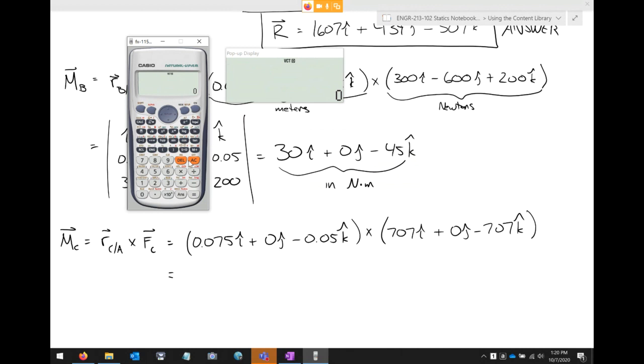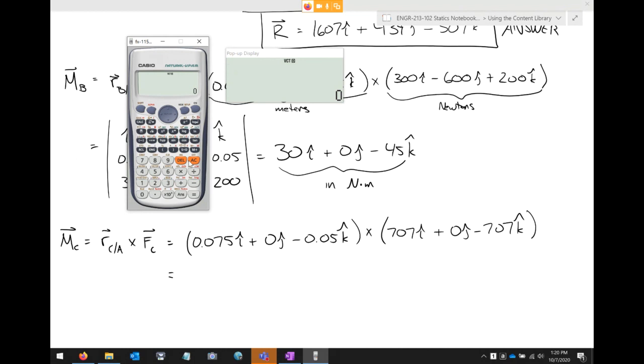Okay. So you got 30j. See, that's what I got. I did get a J component, but I only got 17 points. Like I got 17.68. Check your signs.